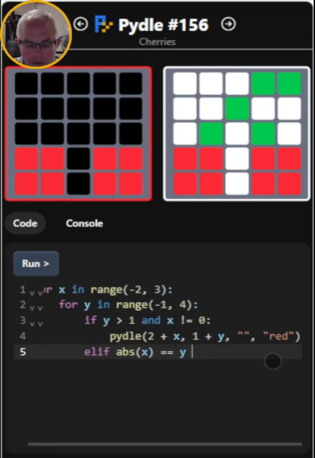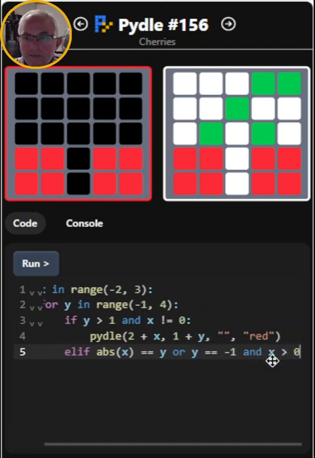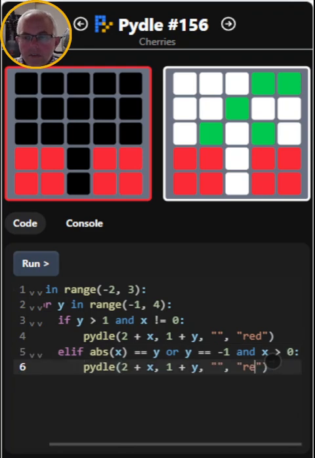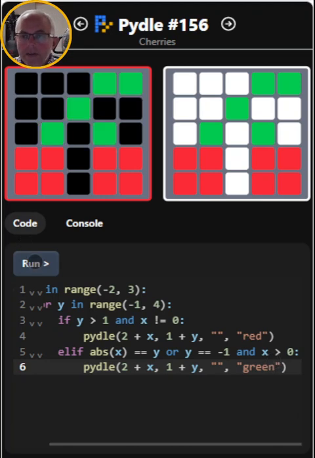So now we can say or y equals -1 and x greater than 0. So green. Okay, but those are the kind of stems.